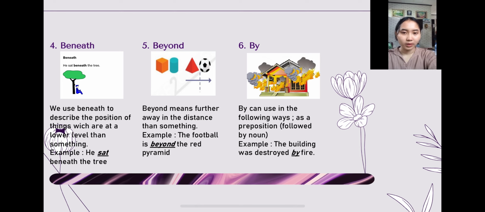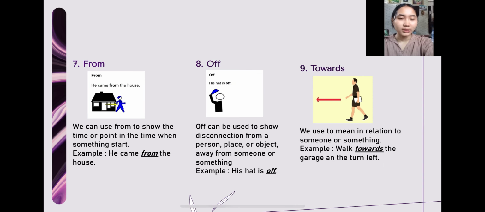Sixth is by. By can be used in the following ways as a preposition and is followed by a noun. For example, the building was destroyed by fire. Seventh is from. We can use from to show the time or point in time when something starts.